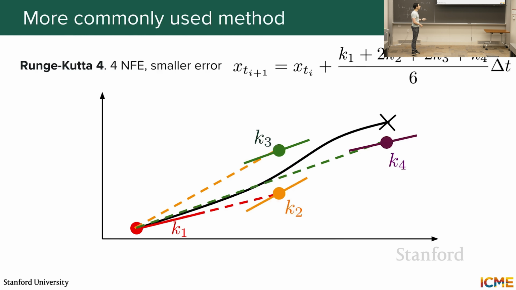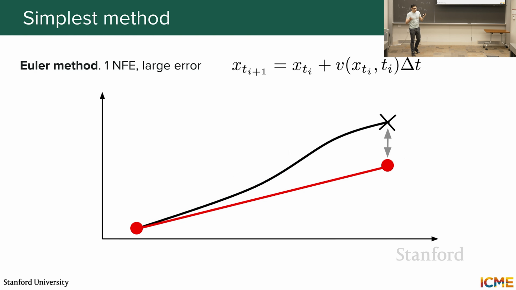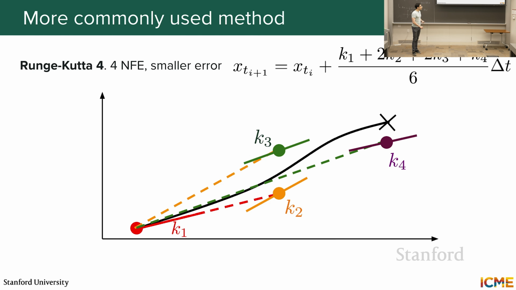But the issue with that is that there is quite a bit of error. Even though it's just one NFE per step, you end up with results that might be imprecise. So people to account for that fact are using fancier techniques. So Runge-Kutta 4 is one of them.